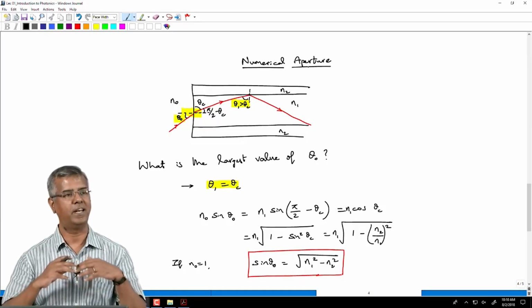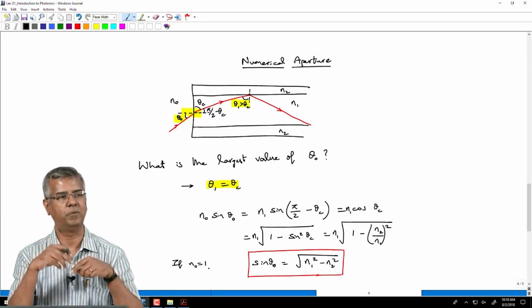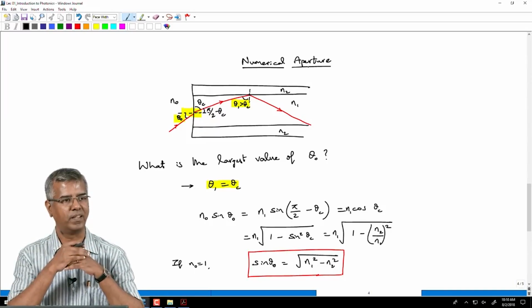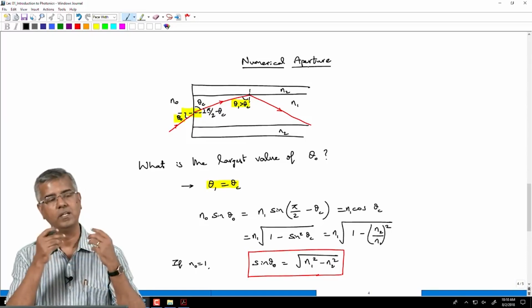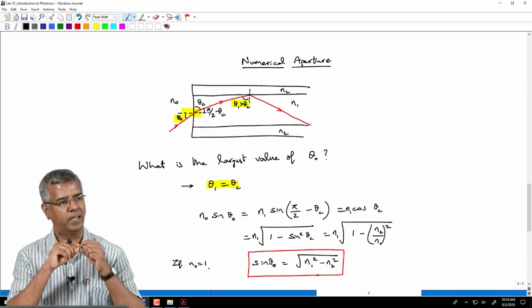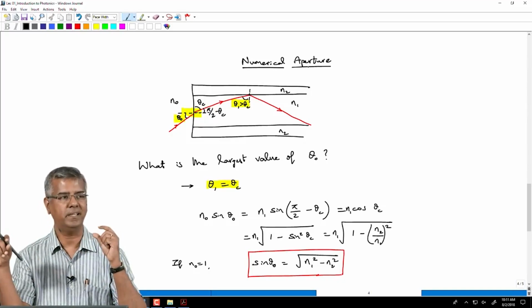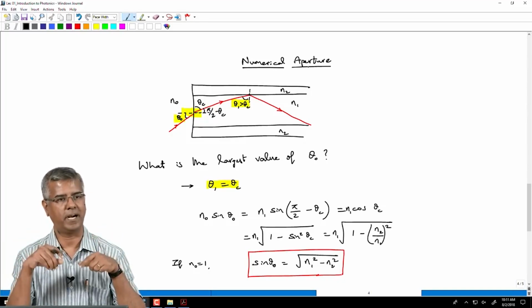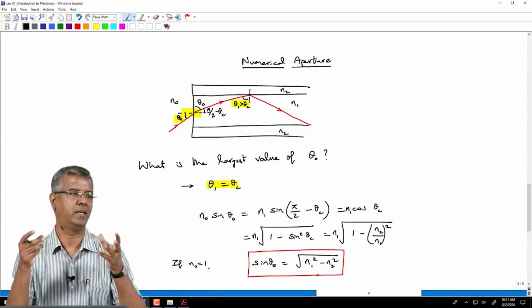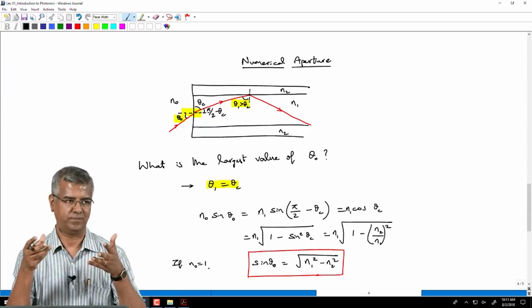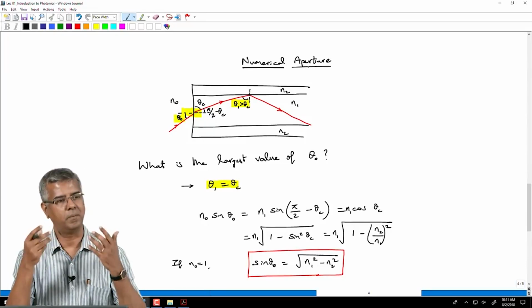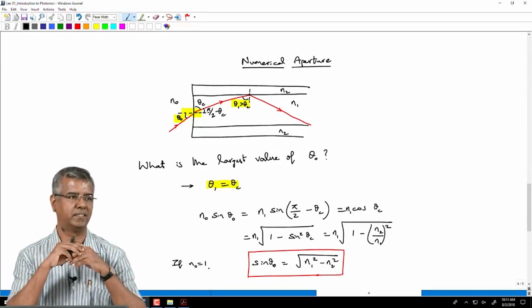If you have a large index contrast between the two media, you can essentially support a large numerical aperture. So how is this realized? You basically have a cylindrical wire with refractive index N1, let us say it is made of glass, and you coat it with a polymer with a much lower refractive index.